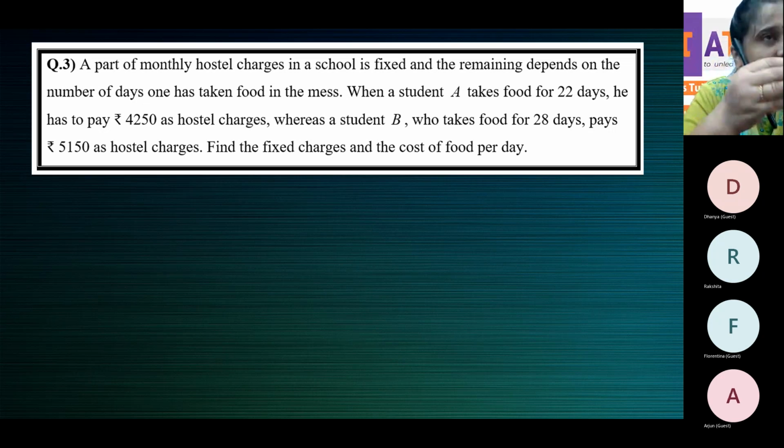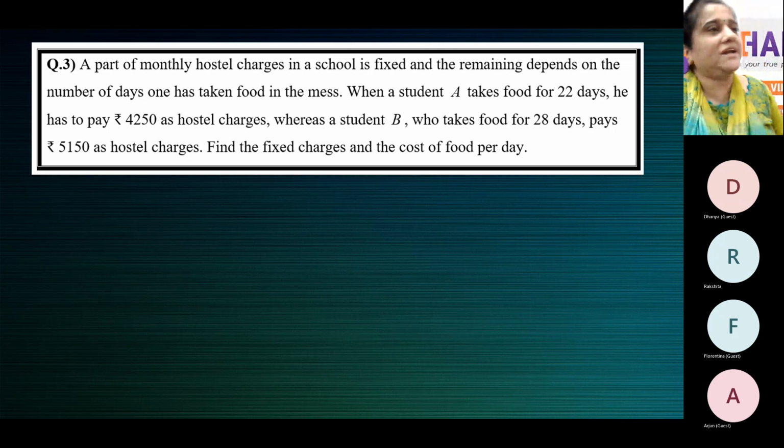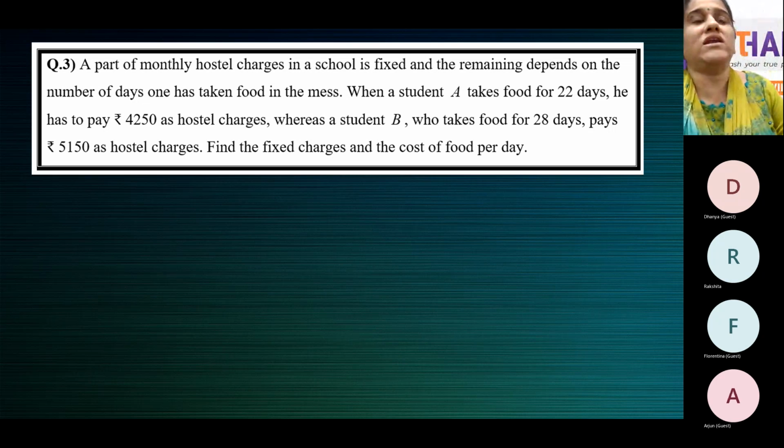If you travel for 60 kilometers, you must assume the rate per kilometer to be whatever, X or Y. Okay, so here we took Y. So let the rate per kilometer be Y rupees. So if you travel 50 kilometers, the cost is 50Y. 100 kilometers, 100Y. What about the fixed cost? X. So the fixed cost X plus the variable cost 100Y is equal to the total cost, whatever is given.